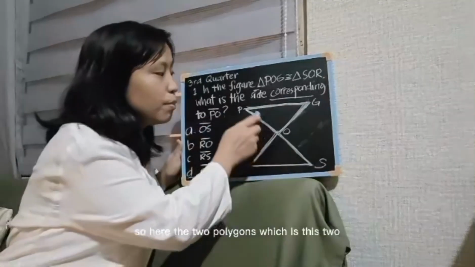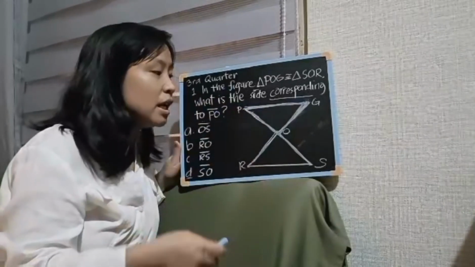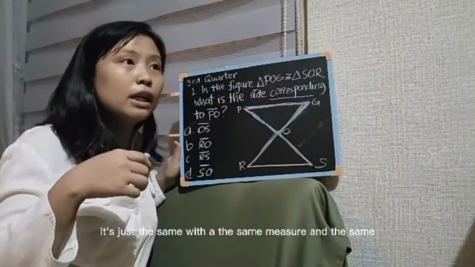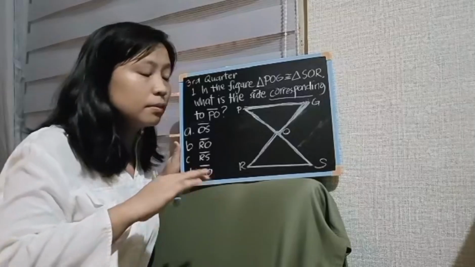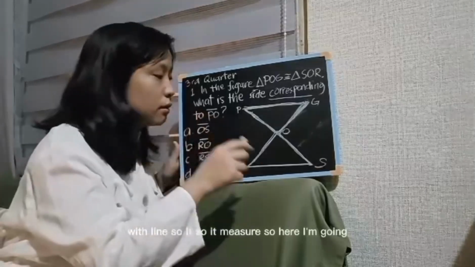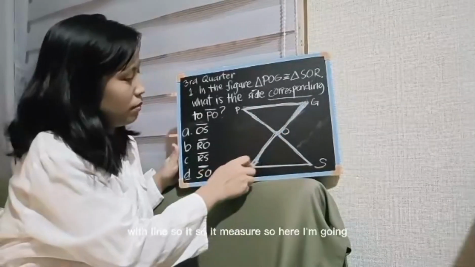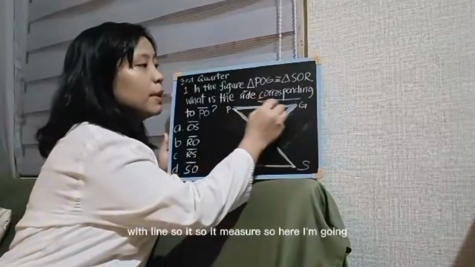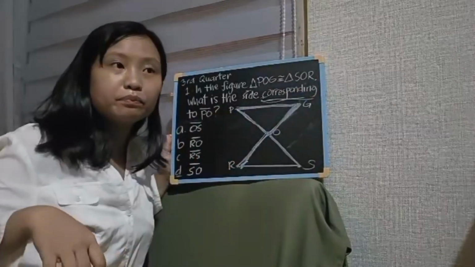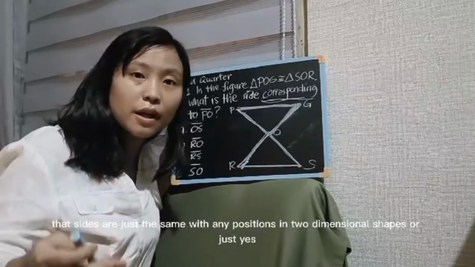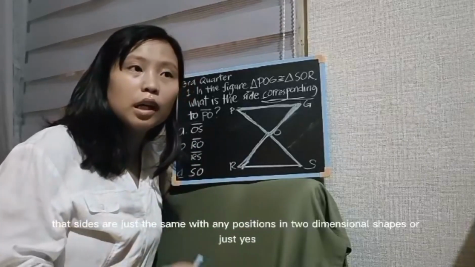So here the two polygons, which are the two triangles, have the same measure. Also, when we say corresponding sides, they are the same in any position in two-dimensional shapes.